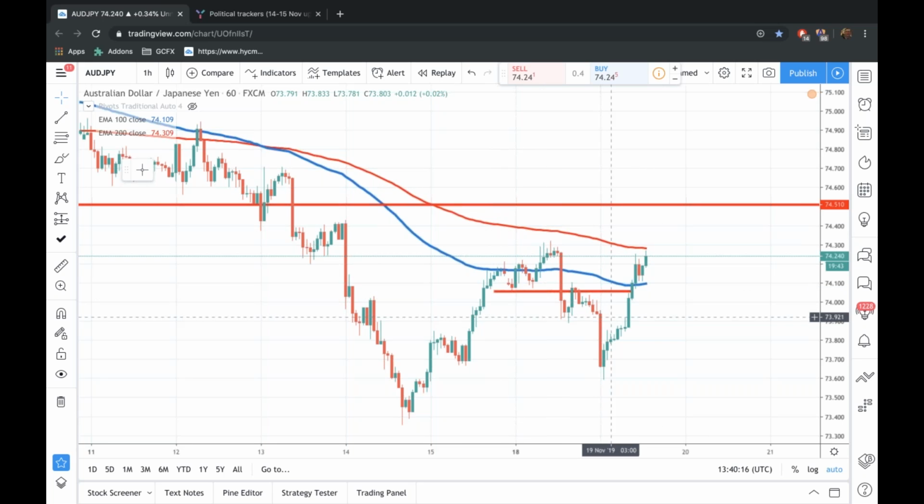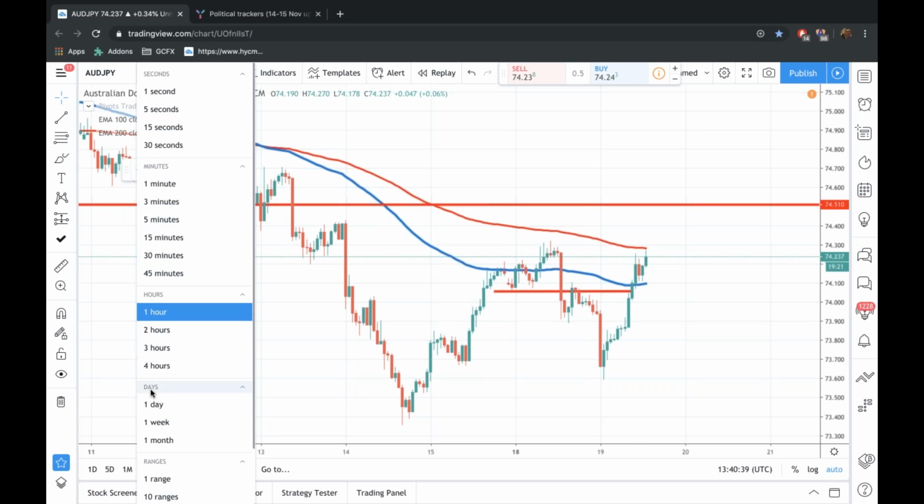When risk is off, you can expect it to be sold. So the key thing with this pair, Efam, you can be an Australian dollar Japanese yen buyer as long as the risk tone is on. As long as there's optimism about US and China striking a deal, then you can expect the pair to be bought.